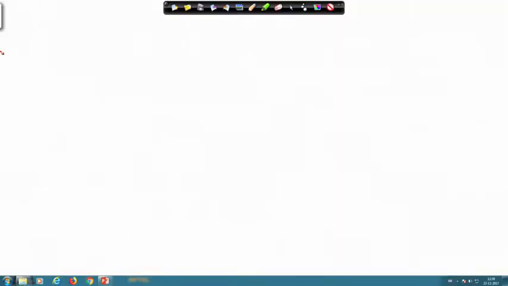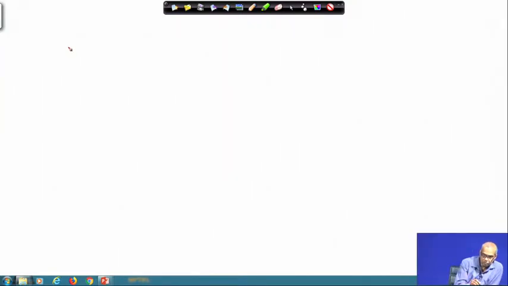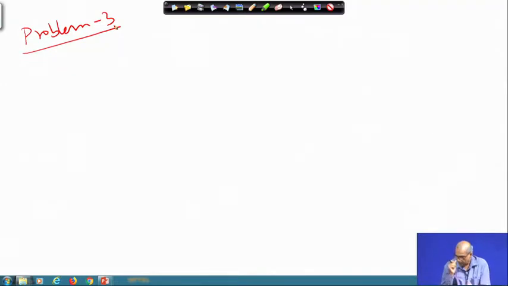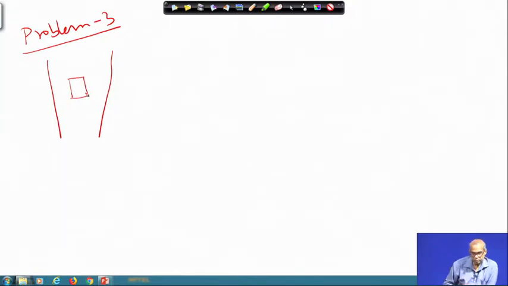Now, we will see another problem on rotameter. Let us consider again a rotameter, problem number 3. We have a rotameter. Let us say this is my float, a square.